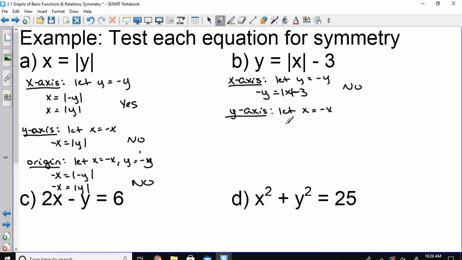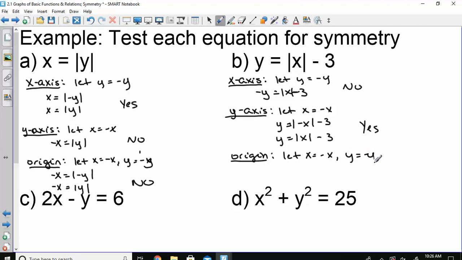The y-axis, you make your x negative. And what happens if you do the absolute value of a negative? So that is what I started with, so that one is a yes.